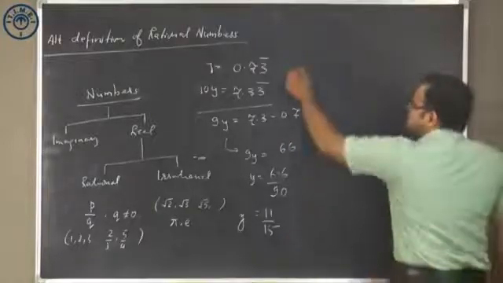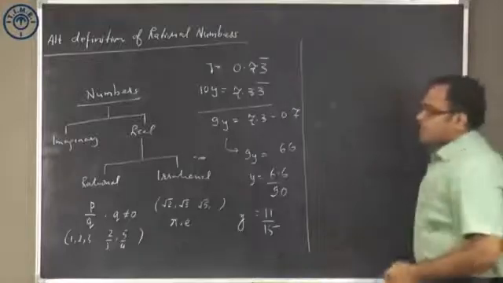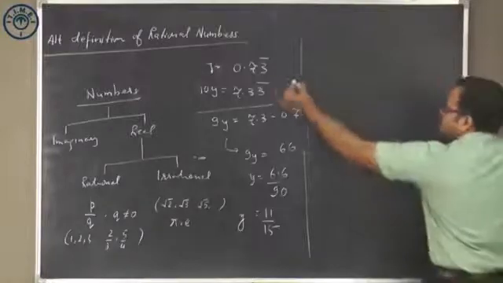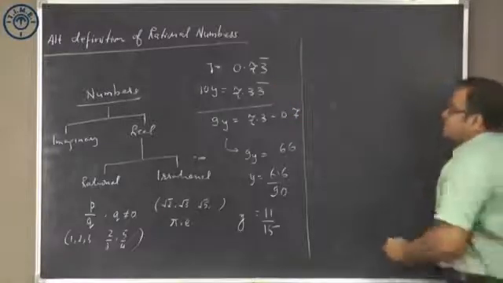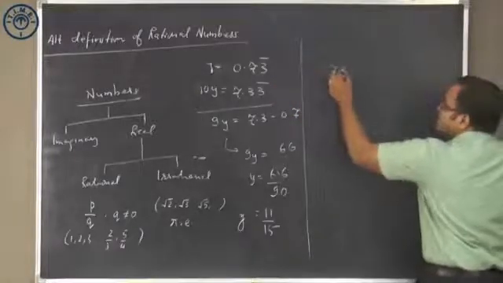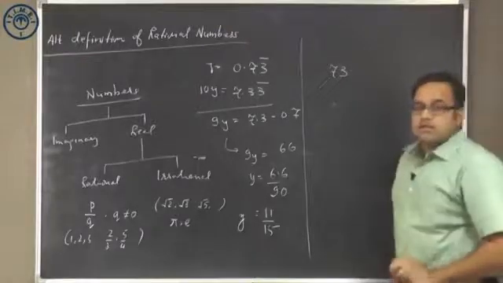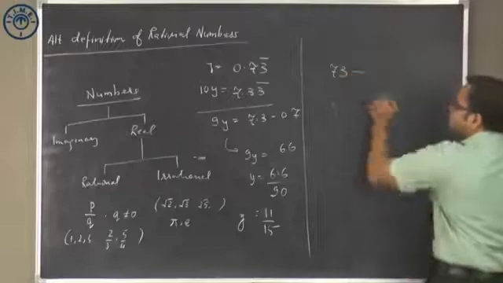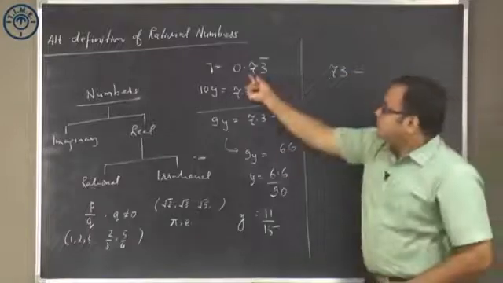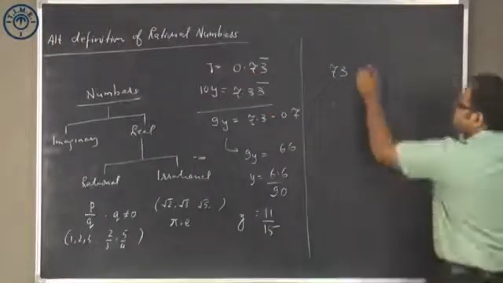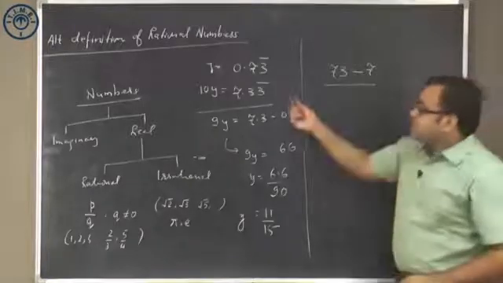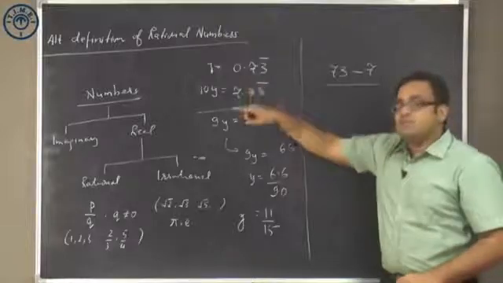Here is an alternate and a much shorter direct way of converting a decimal into a fraction. The number is 0.73 bar. I write 73, the number without any decimal or repeated digits, minus the non-repeating part of the decimal, which is 7, divided by as many 9's as the number of digits repeating.